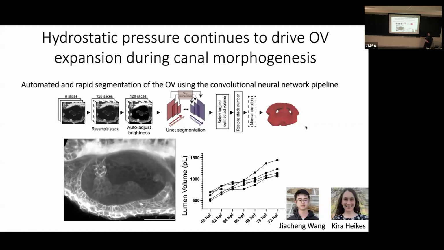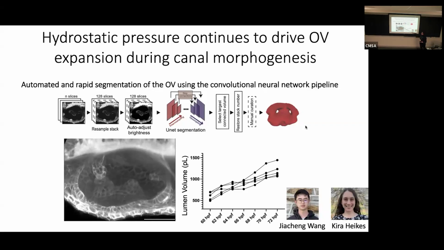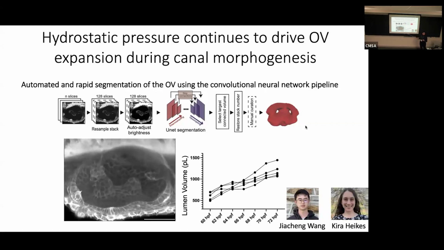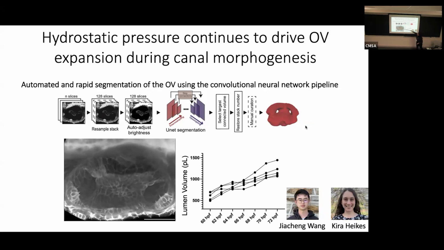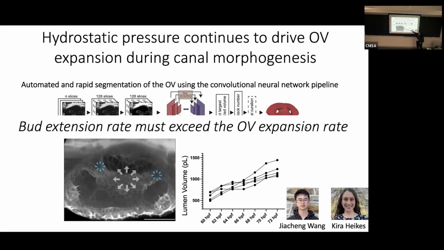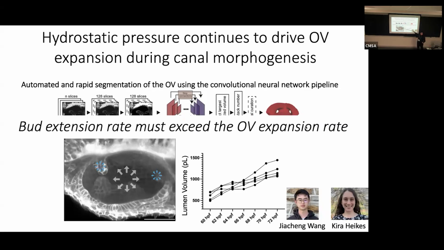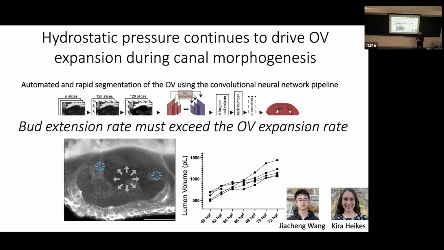I haven't shown the data here, but we know there's very little growth happening. So we think that the hydrostatic pressure within the aortic vesicle either stays there or even increases during canal morphogenesis. So these buds, in essence, have to counteract the force from the pressure of the lumen. If they're too slow, they're not going to meet each other.